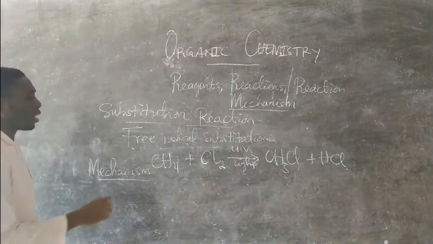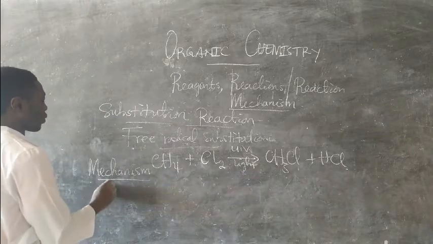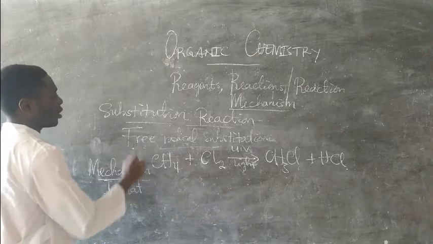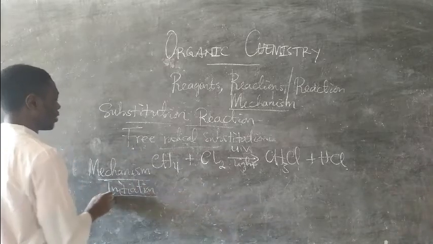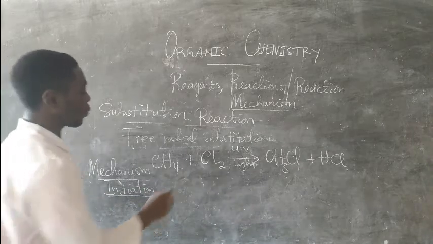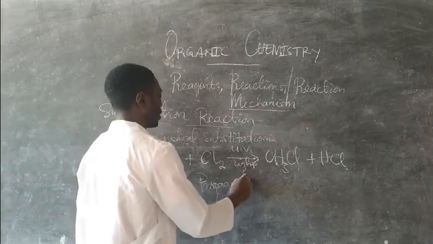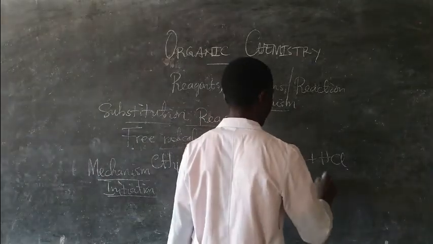So here, in the very first step, we call it the initiation. For the mechanism of free radical substitution, we have the initiation reaction, then the propagation, that's the second stage, and we finally have the termination.